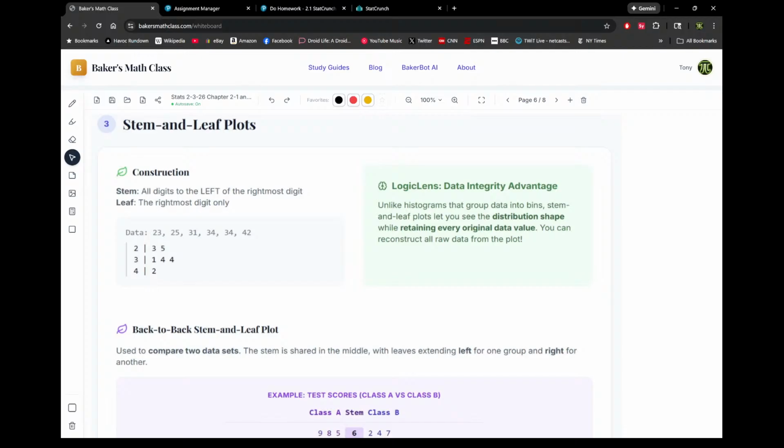And if you look at it, those are bars. This is a bar graph with my class width of 10. Because that's all my 20s, that's all my 30s, that's all my 40s. So you can use a stem and leaf plot to organize your data and to create a bar graph with a specific class width.